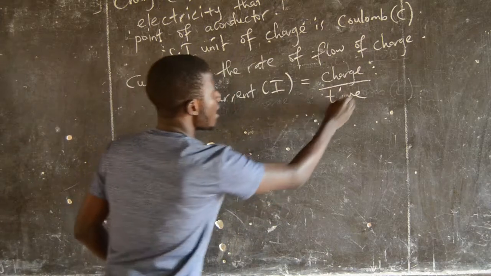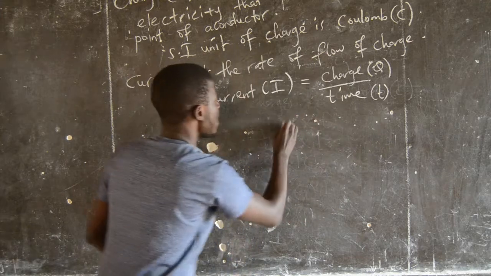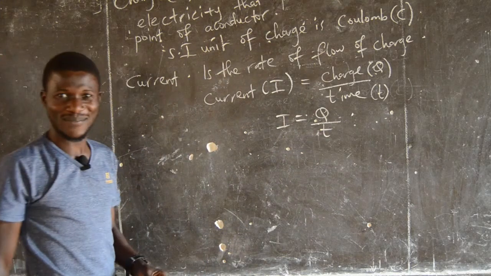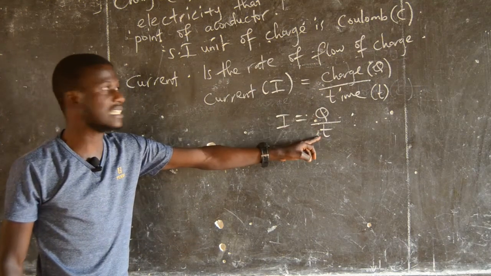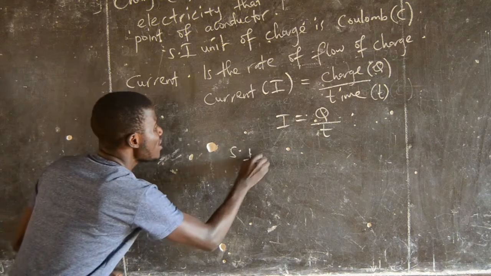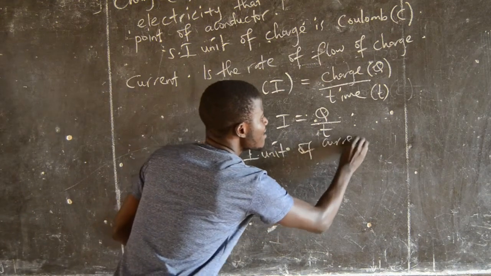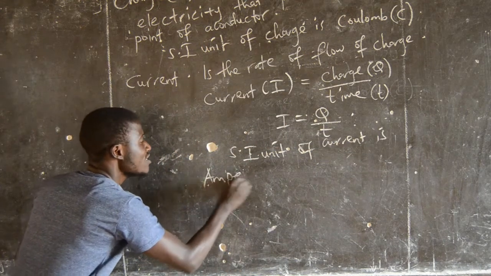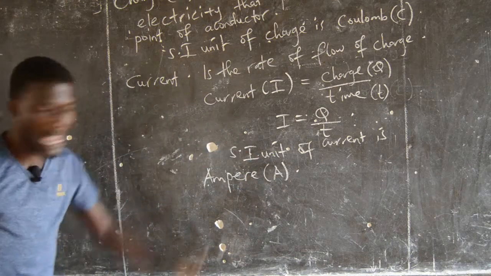And remember, our charge is the capital Q and our time is the T. Therefore, current is equal to charge divided by time. Are we together in that case? Current is equal to charge divided by what? Time. But SI unit of current in this case is ampere. SI unit of current is what? Ampere. Capital what? Capital A.